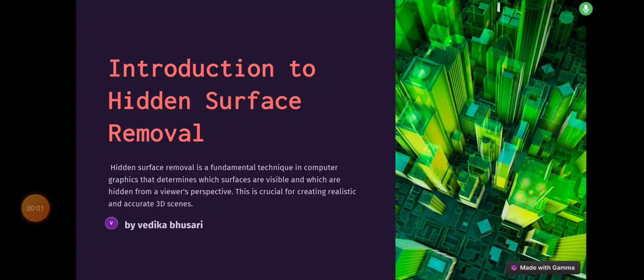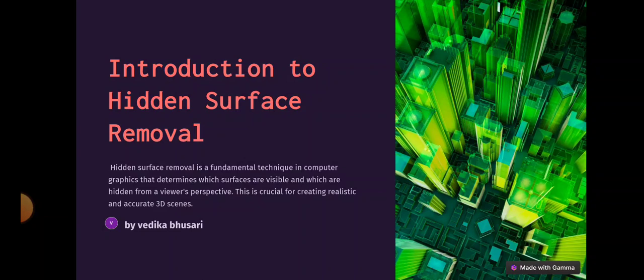Hello everyone. Let's embark on a journey into the intricate world of 3D graphics, where what you see isn't always what you get. Hidden surface removal is the behind the scenes magic that transforms flat images into immersive 3 dimensional experiences.